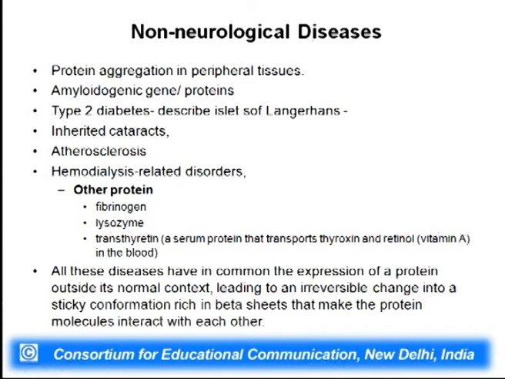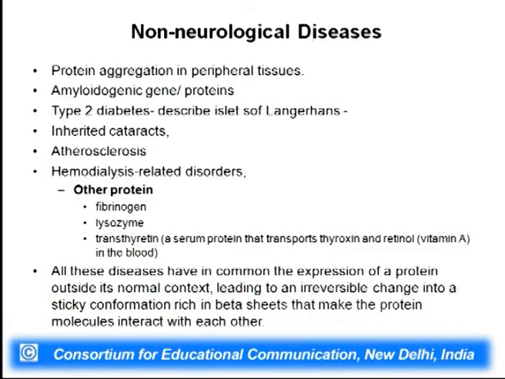So, first let us focus. When we think about prion disease, we come to think of all the diseases which are causing neurological diseases. We think of Alzheimer's and Parkinson's or prion diseases or mad cow disease, all these are pertaining to the brain. But it is not so that all misfolding diseases are going to be pertaining to the brain.